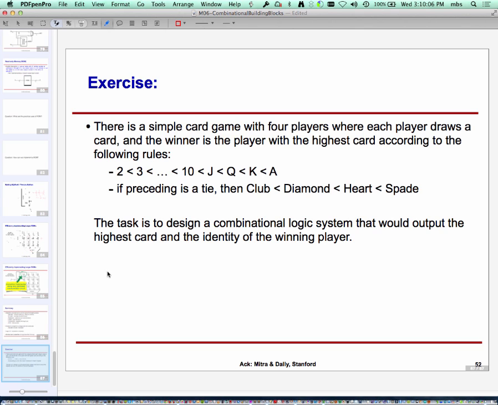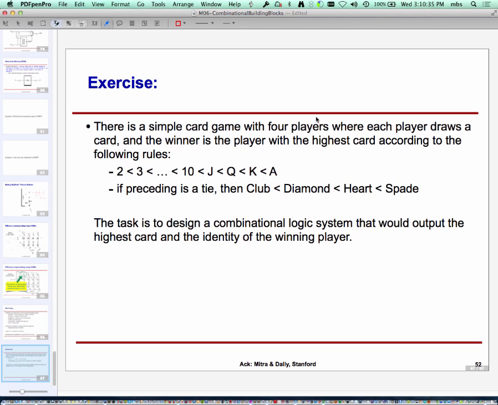The logic given to us is that ace is greater than king, queen, jack, all the way down to 2, the normal ordering. And then the suit of the card is: club is least, then diamond, heart, and spade. The problem describes how they are encoded. You have to design a system where you are getting the 4 inputs, one from each player, and you have to output which is the winning card and who has it.